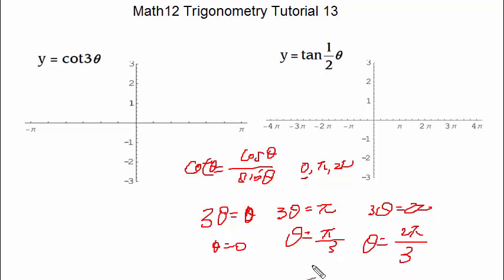So that is our new vertical asymptotes. So we have a 0 here, that's one bar. And then pi over 3, this is the pi over 3. And then 2 pi over 3, that's the other one.